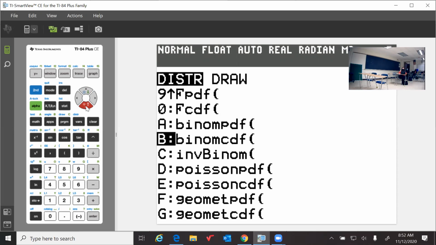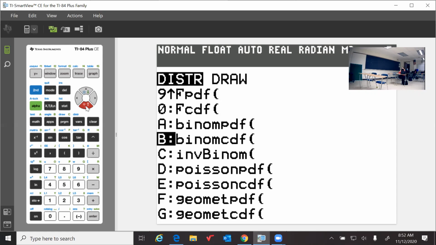Choice A is a binomial probability distribution function. B, binomial cumulative. So if we want the area of the curve up to and including something, you have to choose the cumulative choice. You're thinking in context of what you're being asked.